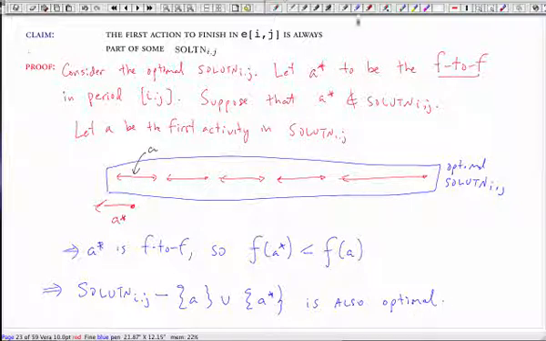In other words, if we just swap these two, we know that A star has to finish before A. And since the solution had no overlaps, that means A didn't have any overlaps. And so if we remove A and put in A star, that's not going to create any overlaps.